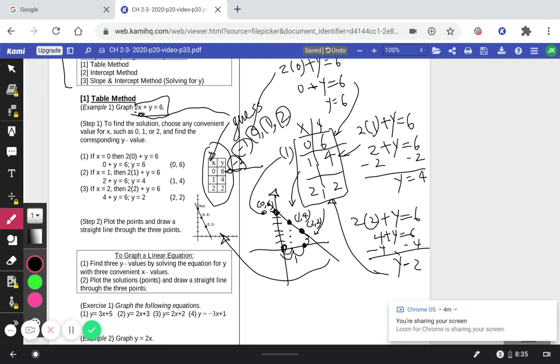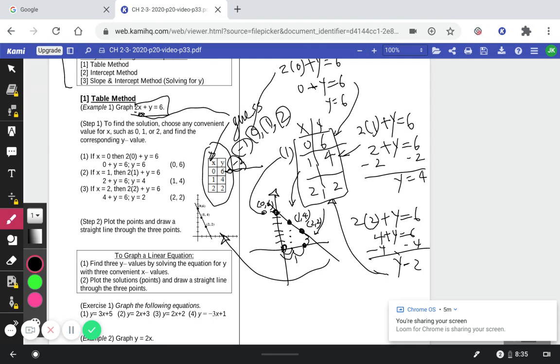So the table method consists of just picking or guessing a good x value and plugging that x value into the equation they gave you to graph. So you solve for y, get a y value, and plot them.